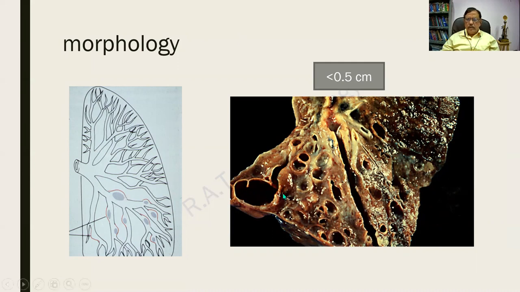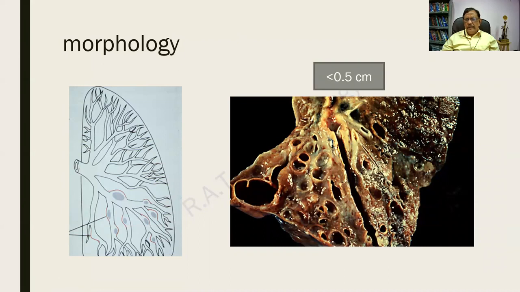When I look at the gross specimen, I find that all these rounded structures that we are seeing are all dilatations of the bronchial tree. And the dilatations, I find that they are extending up to the subpleural surface.